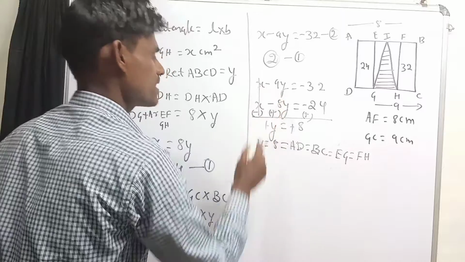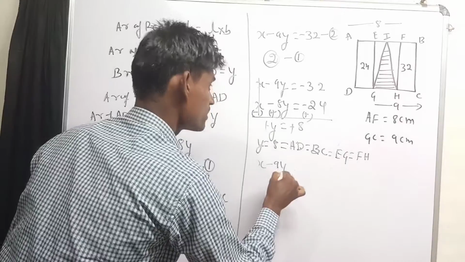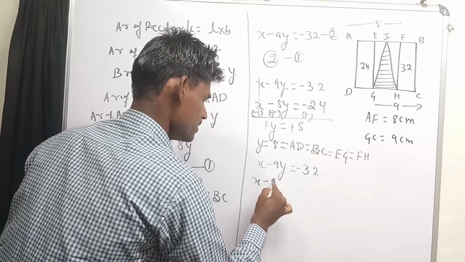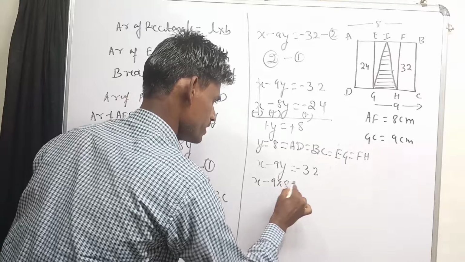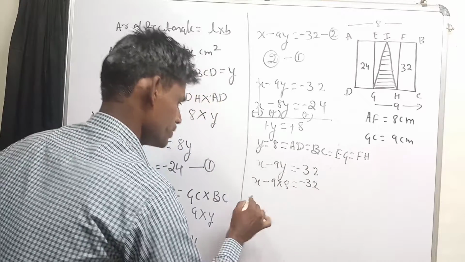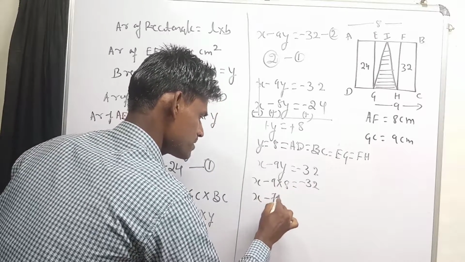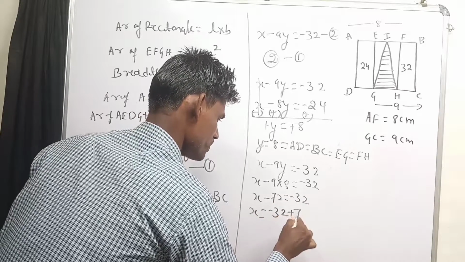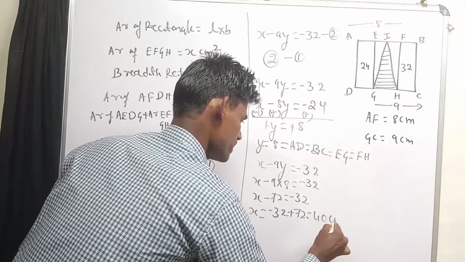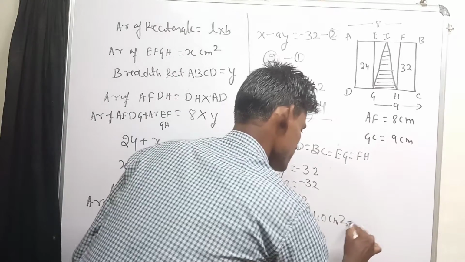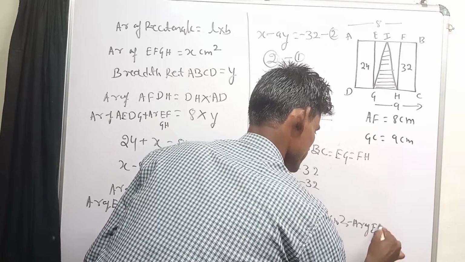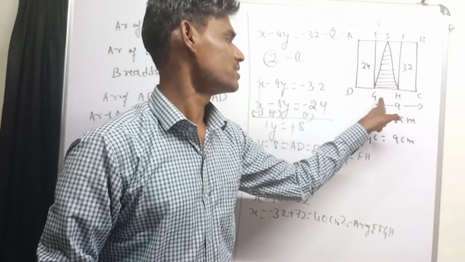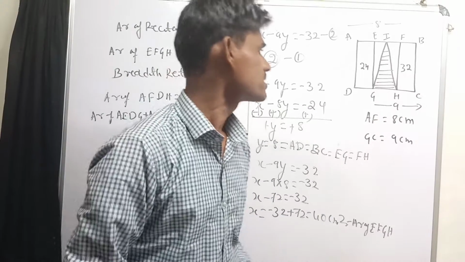So I'm going to consider this equation: x minus 9y equals minus 32. x minus 9 into the value of y, which is 8, equals minus 32. x minus 72 equals minus 32. x equals minus 32 plus 72 equals 40 cm square, which is the area of EFGH. So area of EFGH is equal to 40 cm square.